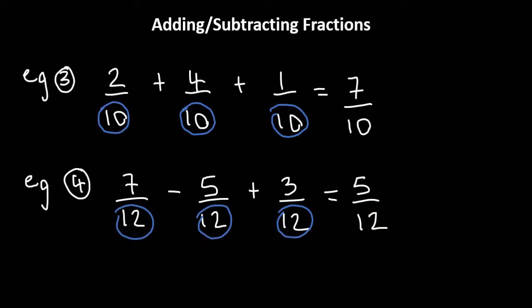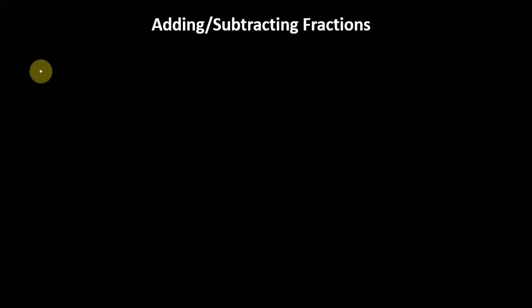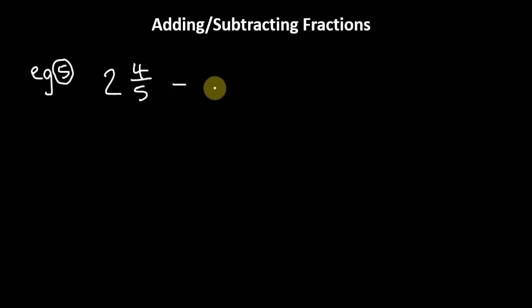Now let us look at a few more examples. Let's call this one example 5. Now what if we had some mixed fractions? Let's say we had like 2 and 4/5 minus 1 and 3/5. Now before we go ahead and subtract, what we could do is to actually convert the mixed fractions to improper fractions.